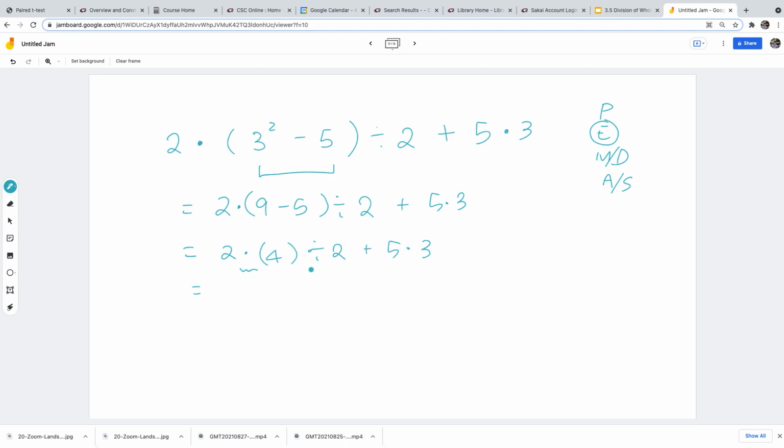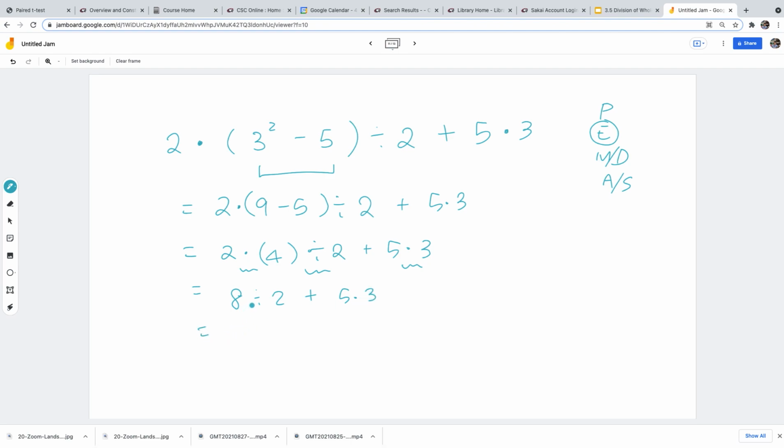Now we have multiplication, division, multiplication and addition and multiplication. So in order, whatever comes first, from left to right. So from left first, 2 times 4 is 8 divided by 2 plus 5 times 3.